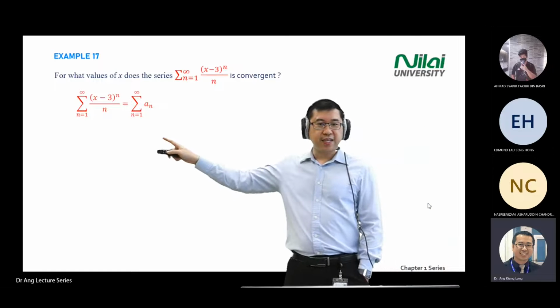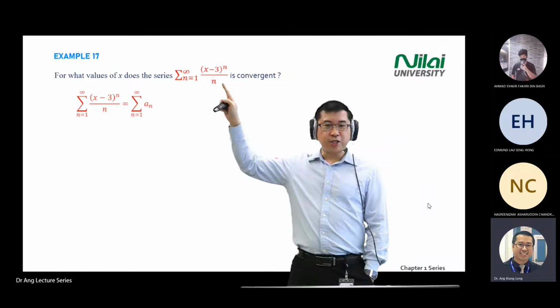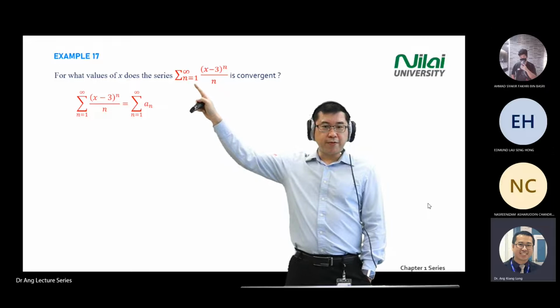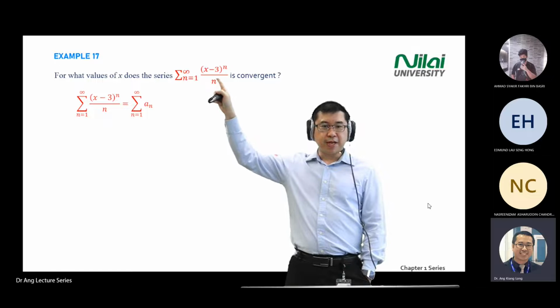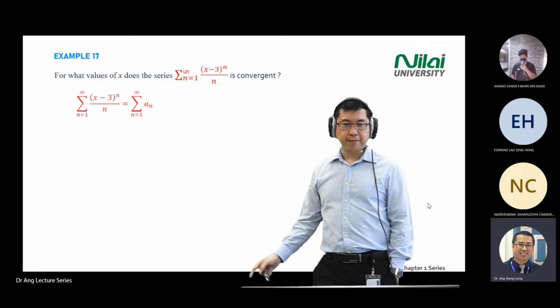You write the first equation. You copy the question: sum of n from the first number until infinity of the power series, (x minus 3) to the power n divided by n.